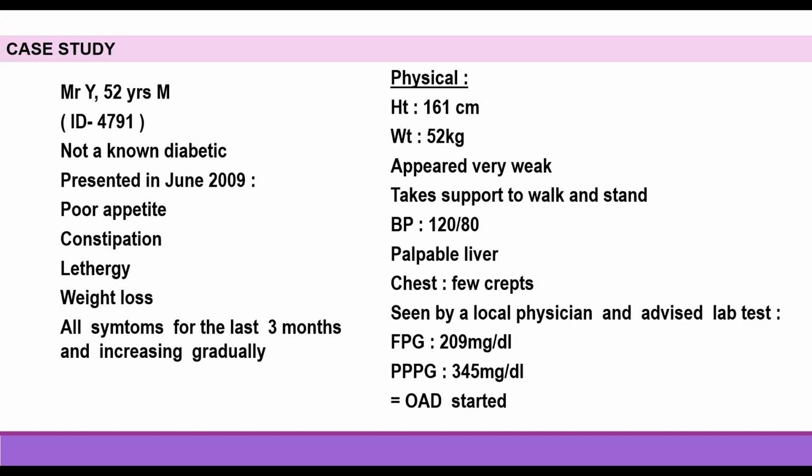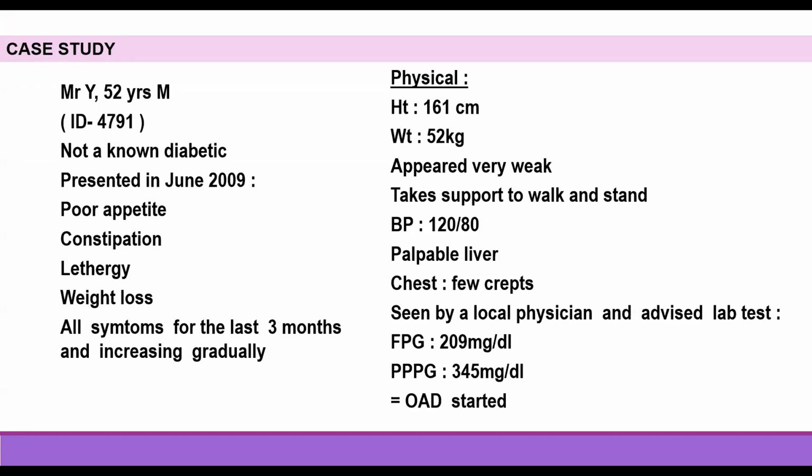Blood pressure was 120 by 80. There were a few crepitations in the chest. He was seen by a local physician who advised a lab test, and fasting was 209 and PP was 345, and the local physician started one oral anti-diabetic drug. I was very, very astonished to see that with only a fasting plasma glucose of 209 and PP 345, the patient became so weak. It is not acceptable.